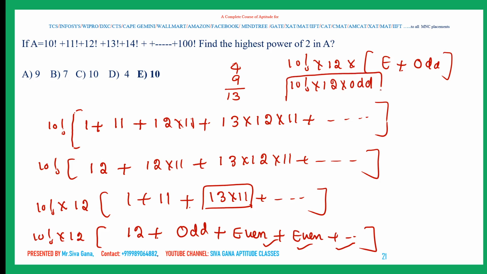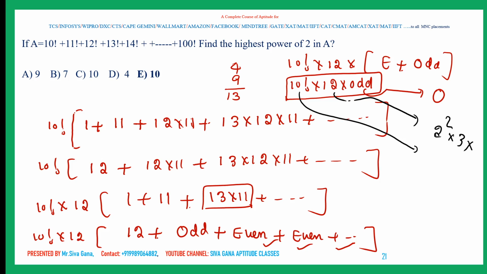This is the simplified number. For odd there is no 2 power. Now 12 can be written as 2 square into 3. Now what is the maximum power in 10 factorial? 10 factorial maximum power is 2 power 8. 8 plus 2, 10.